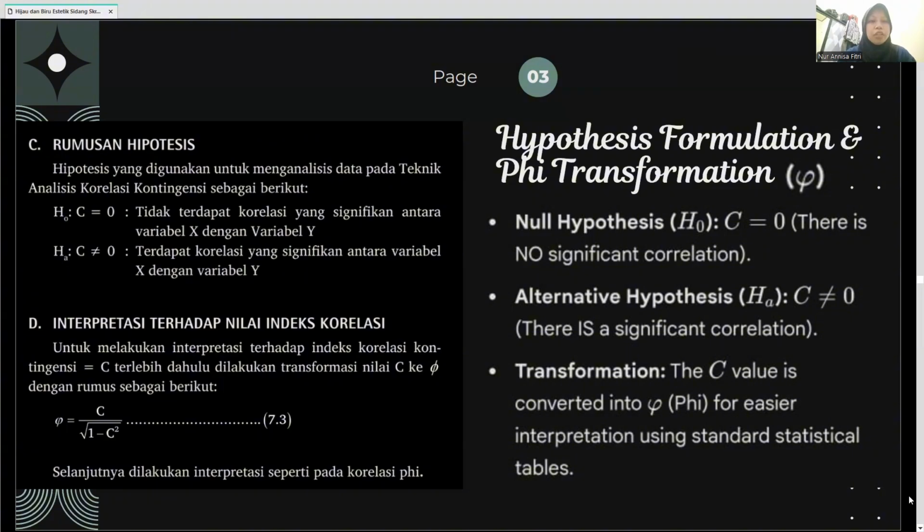Once we calculate the C value using the previous formula, we need to convert it into a P value, using the formula shown on the slide. This P value is what we will ultimately use to draw our final conclusion by comparing it to a standard statistical table.